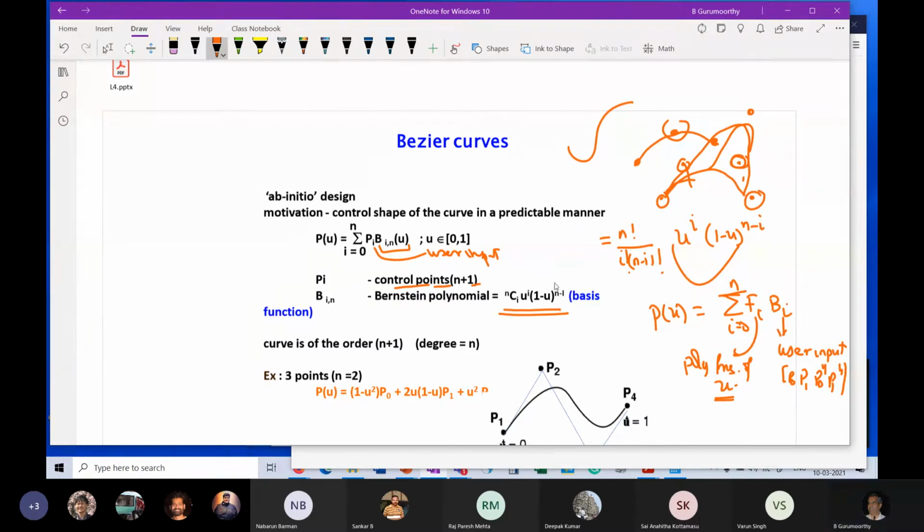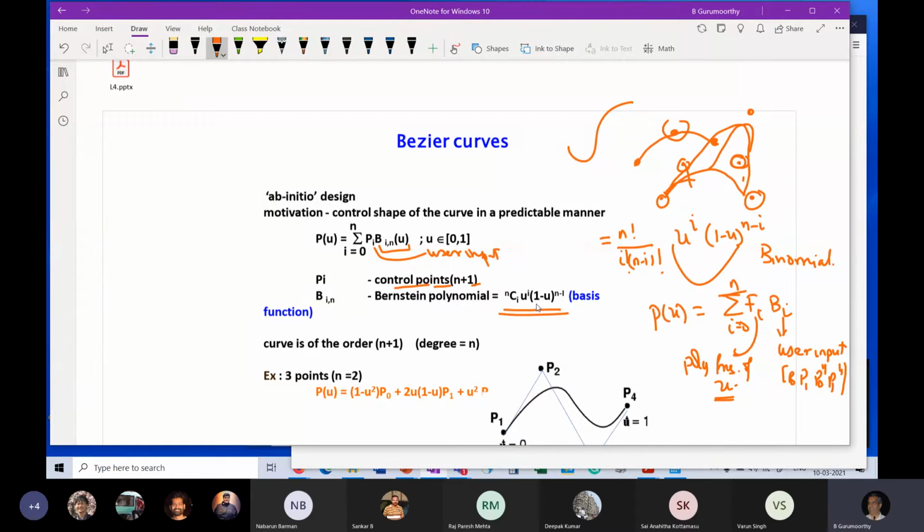Now, this whole expression comes from high school algebra, for those of you who remember it. It's called the binomial expansion. Some of you might still remember the binomial theorem and the expansion, and these are the coefficients of the binomial expansion, right? But for these purposes, these are known as the Bernstein polynomials. That's just the name.